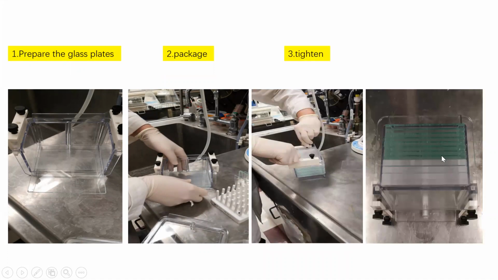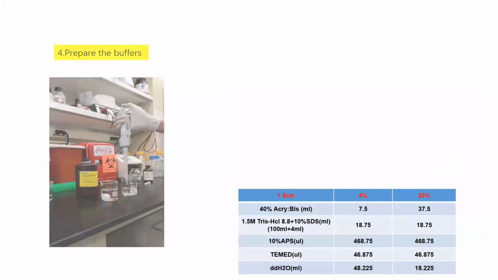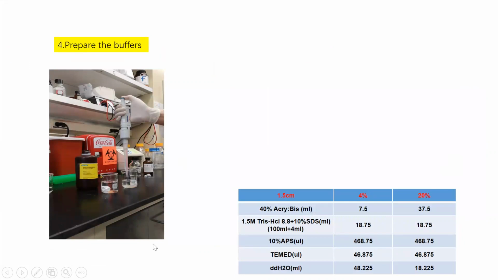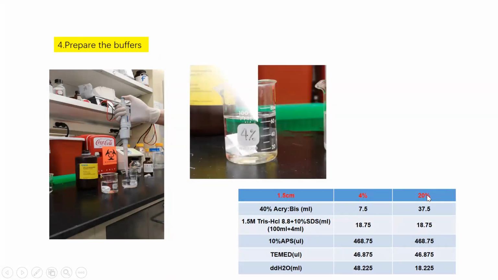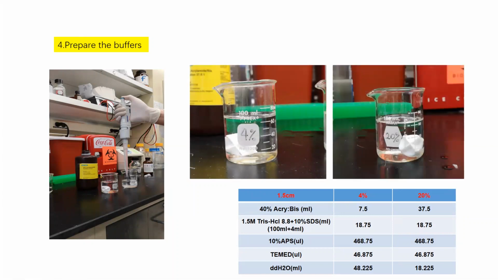After that, we will prepare the buffer following this and the volume. According to this 4% and 20% volume, we will make two different buffers here, one is 4% and the other was 20%. So the gradient means from the 4% to the 20%.